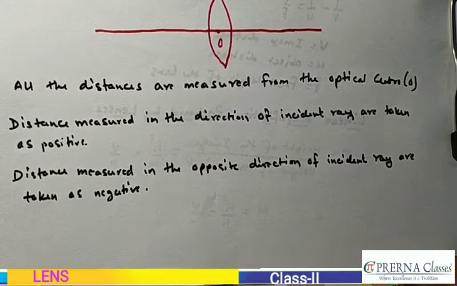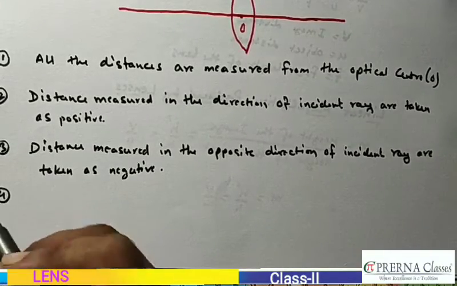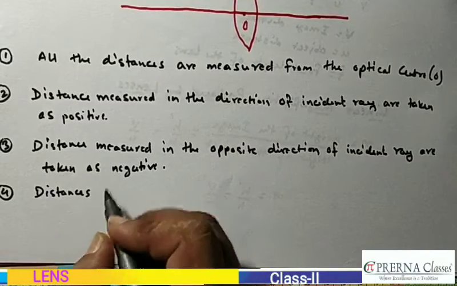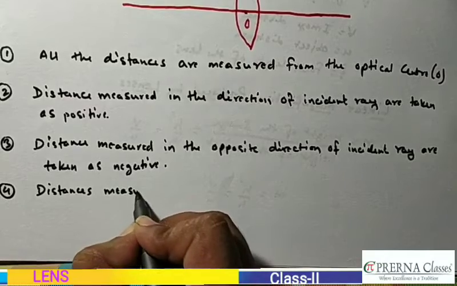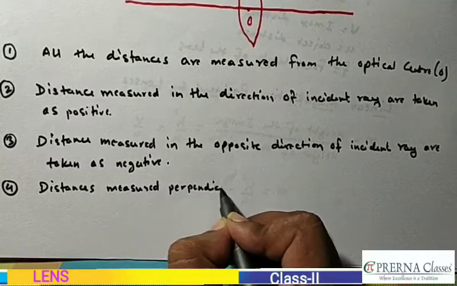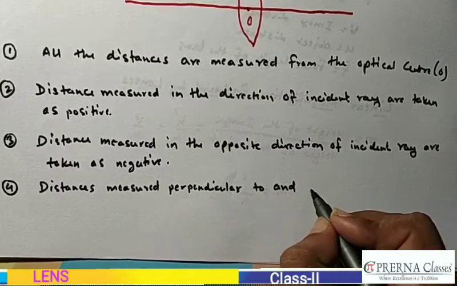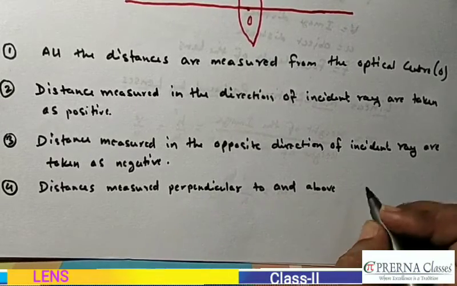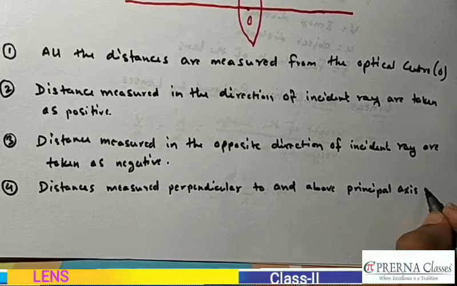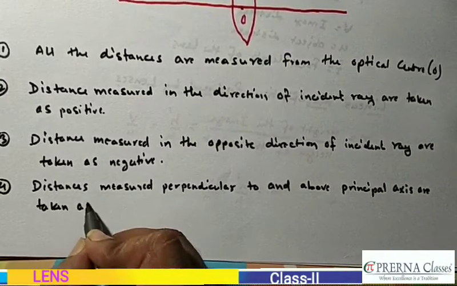Fourth point: distances measured perpendicular to and above the principal axis are taken as positive.